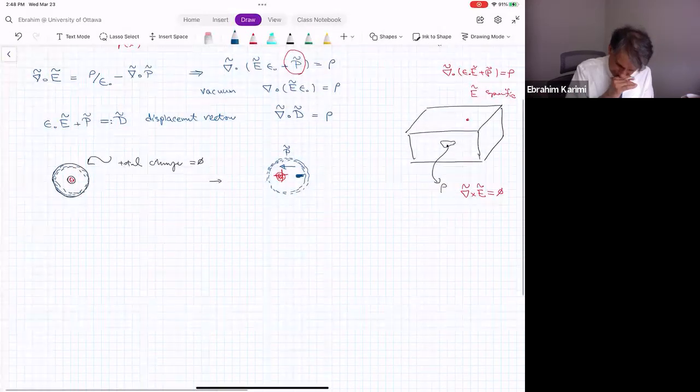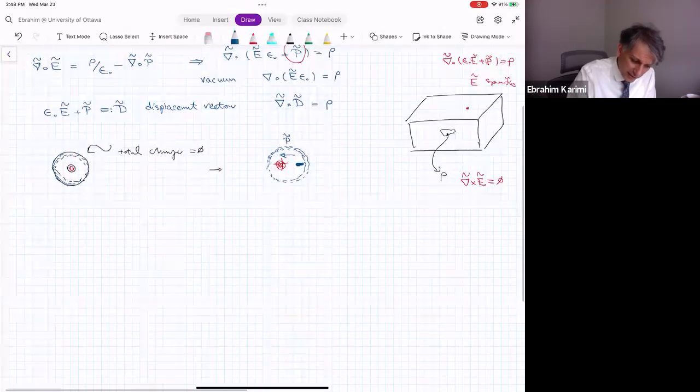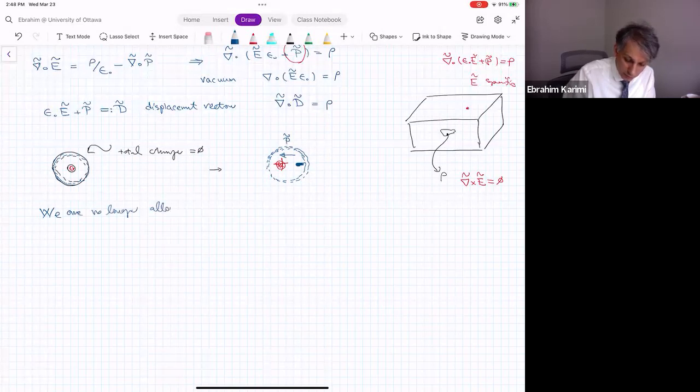So then it means that we are no longer allowed to use divergence of E equal to rho divided by epsilon 0 for materials.